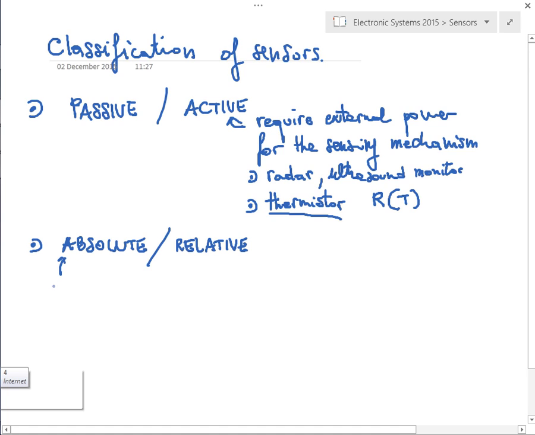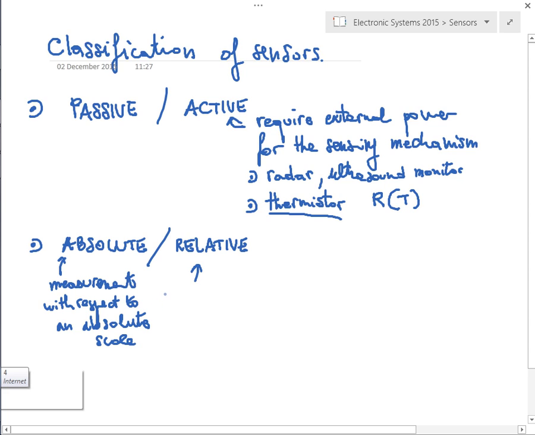Okay, so measurement with respect to an absolute scale.